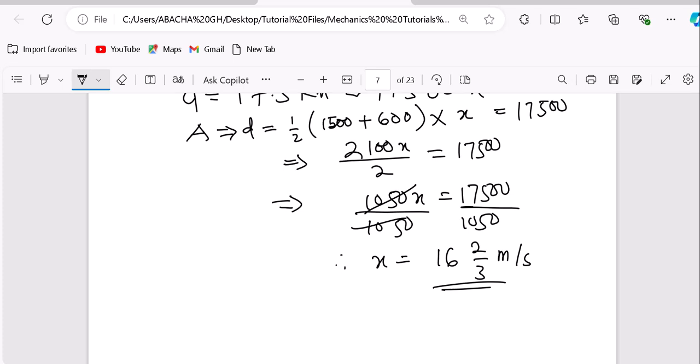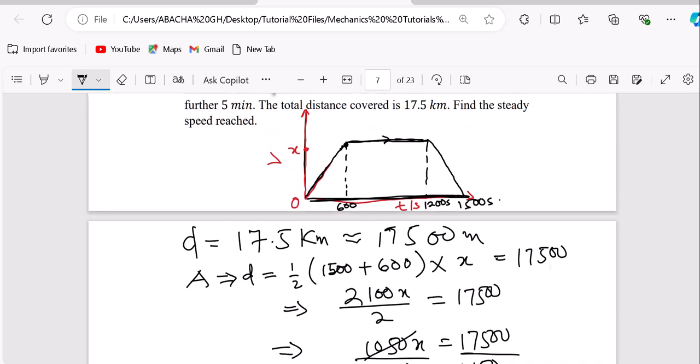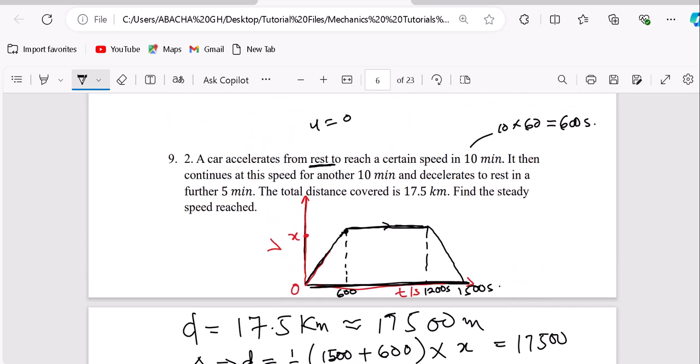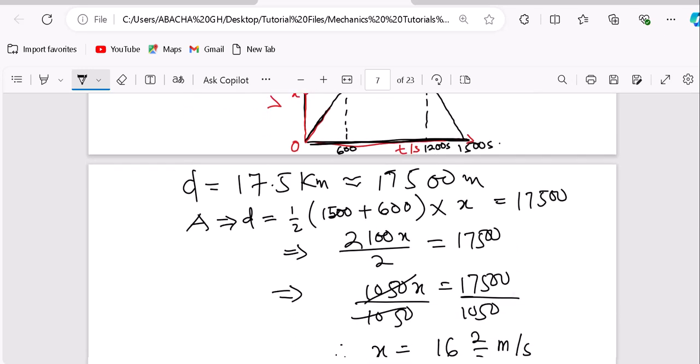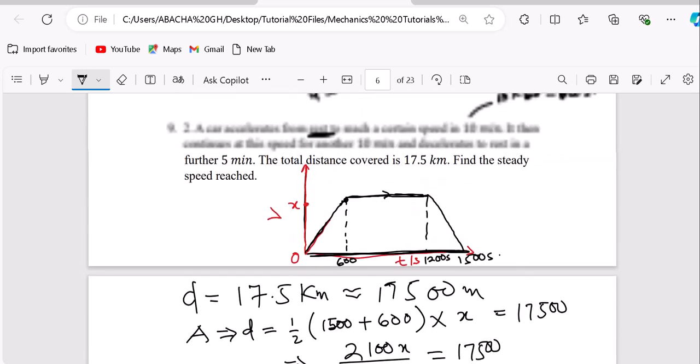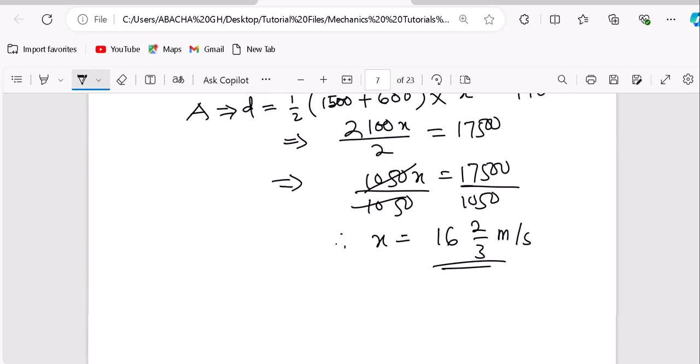Good. And that's all for this particular question. Find the steady speed reached. That's all for this question.